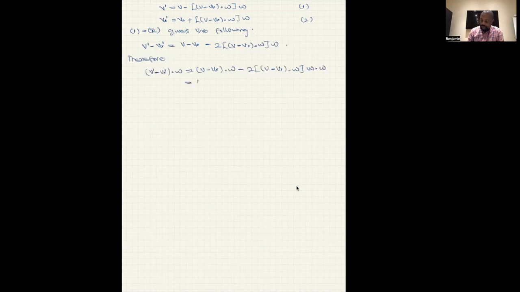This is equal to V minus V star dot omega minus 2 V minus V star dot omega, and this is equal to minus V minus V star dot omega, where the fact that omega dot omega is equal to 1 has been used.